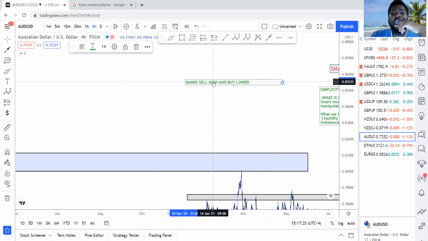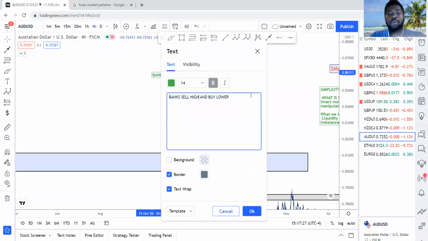And what do I mean by that? The banks sell higher and buy lower, right?